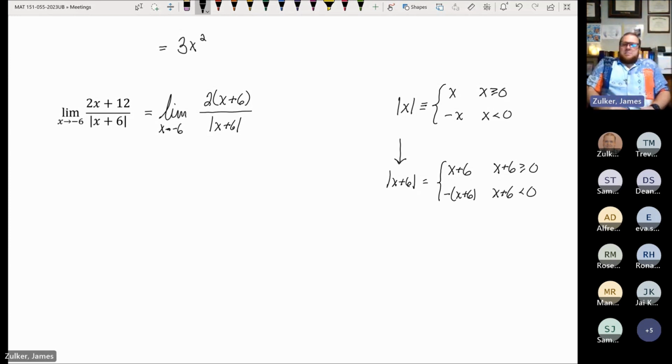That means that the absolute value of x plus 6 is x plus 6 whenever x plus 6 is greater than or equal to 0, right?